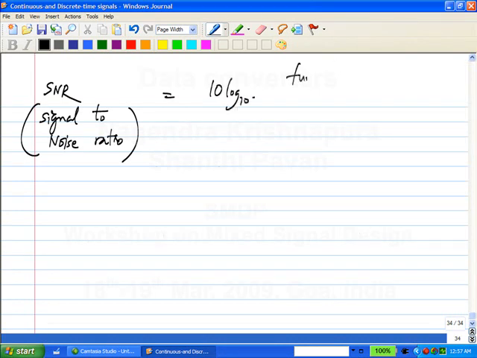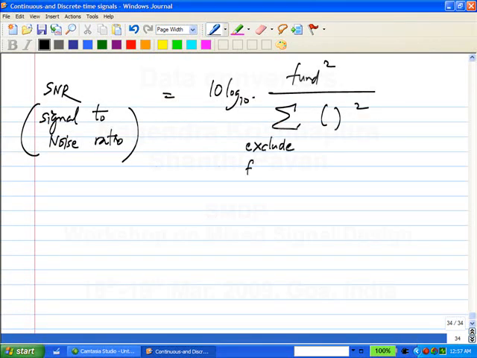In this case, you exclude the fundamental and the harmonics. Anything that you can identify as harmonics, you exclude, and this is how you get the signal to noise ratio. So you have noise, you have distortion, you have noise plus distortion. You take the ratio of signal to all of them and then specify, because each one matters in different cases. That's how you do this. But all of this comes from the DFT, and that's why taking the DFT properly is very important.